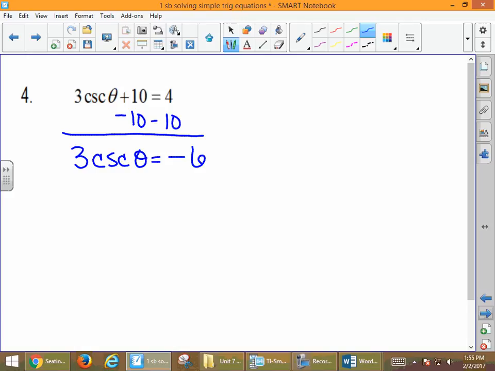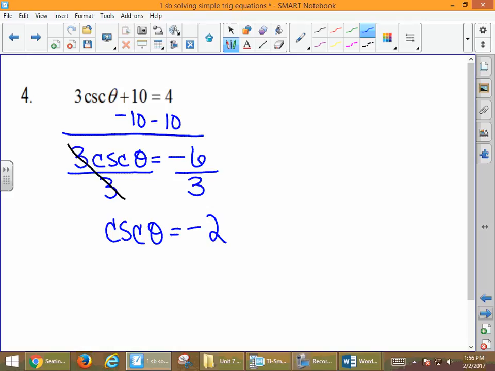Well, it's 3 multiplied by cosecant of theta, so our inverse operation is to divide. And once again, these 3's are going to cancel out, and we're going to be left with cosecant of theta. We've isolated the variable. -6 divided by 3 is -2. But now, we typically haven't memorized cosecant.